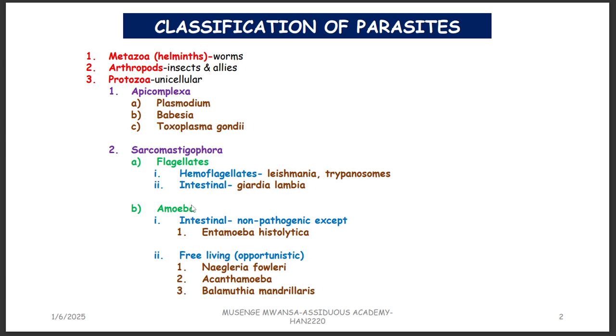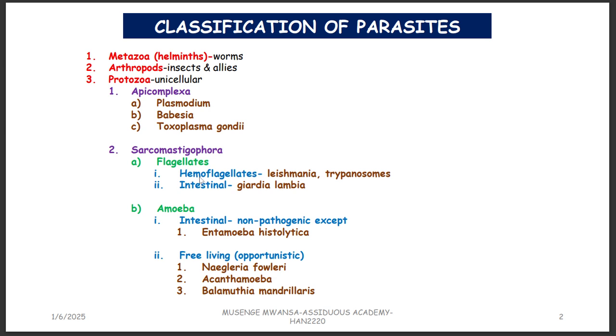For the flagellates, which can move because they have flagella, you have those found in blood, which we call hemoflagellates, and those found in the intestines, which we call intestinal flagellates.